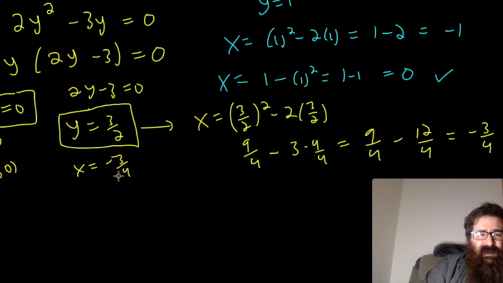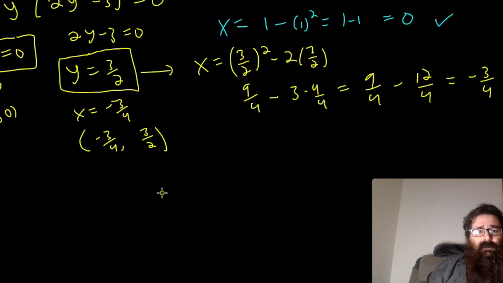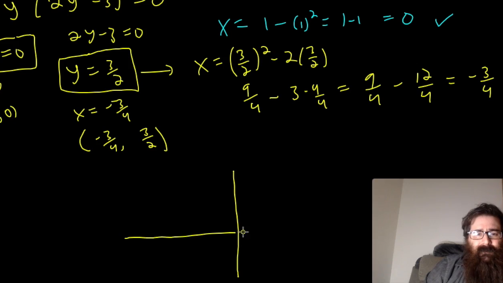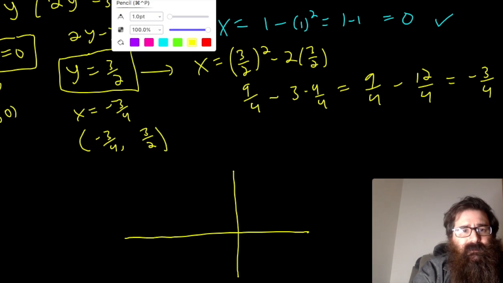And this is just so I can have a more reliable visualization here. We're saying when x is negative 3/4, that's what we get when y is 3 halves. So then if I want to try to graph these, try to do my best, x-axis, my y-axis. Let me get some different colors here.